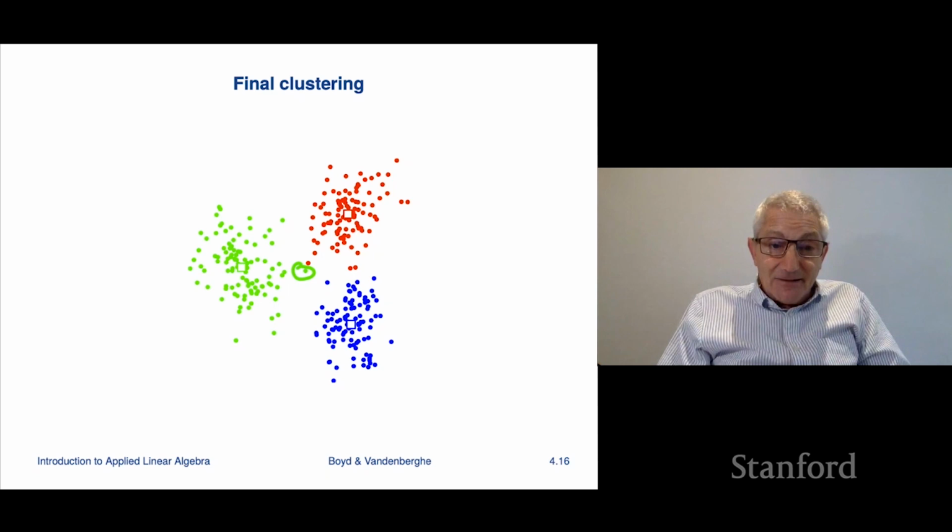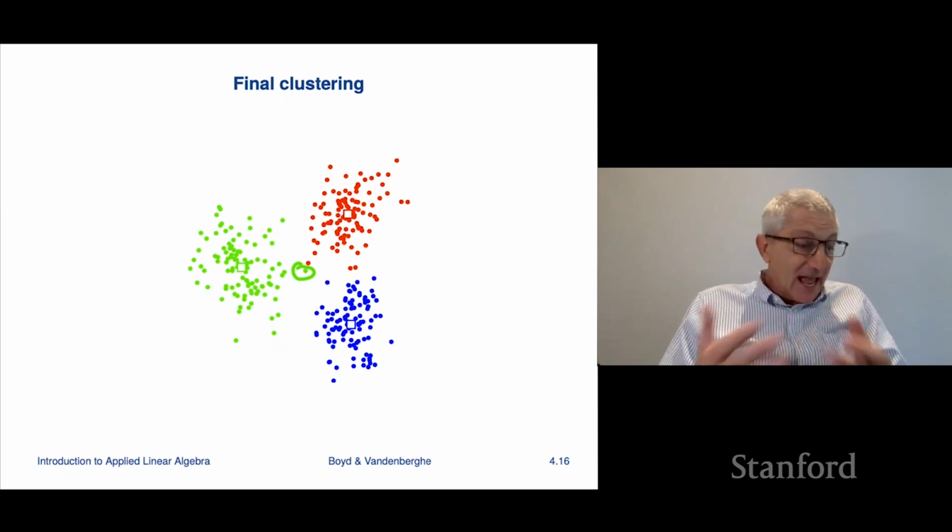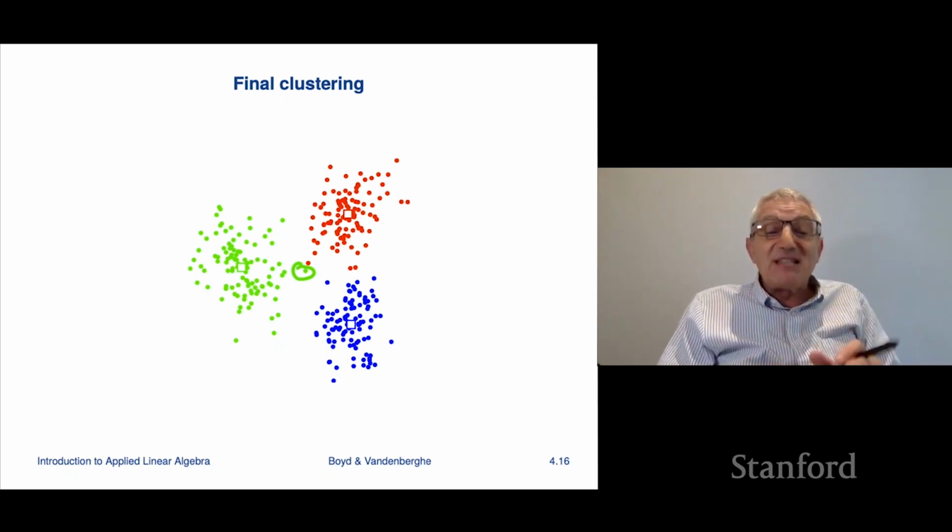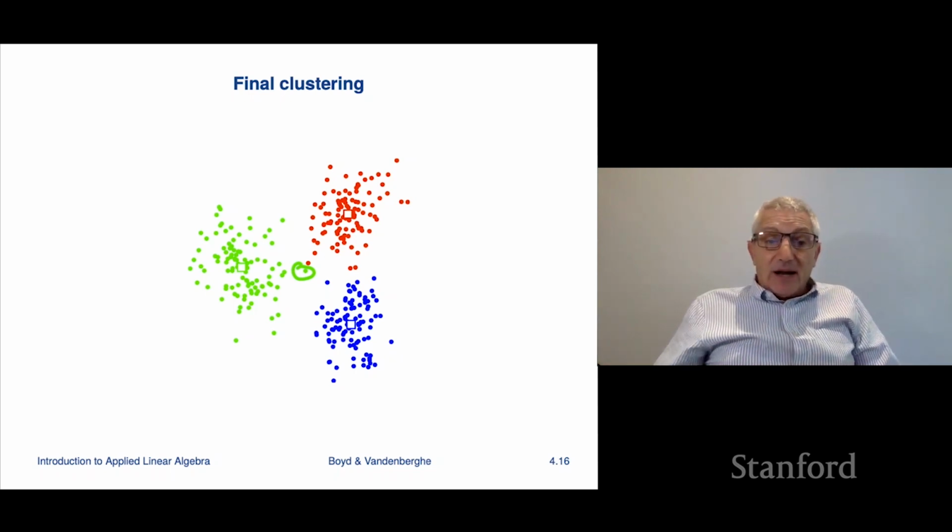If Amazon clusters their customers, there's a whole lot of customers and a whole lot of items they may have bought last month. These are very big problems, and basically the exact same algorithm just runs.